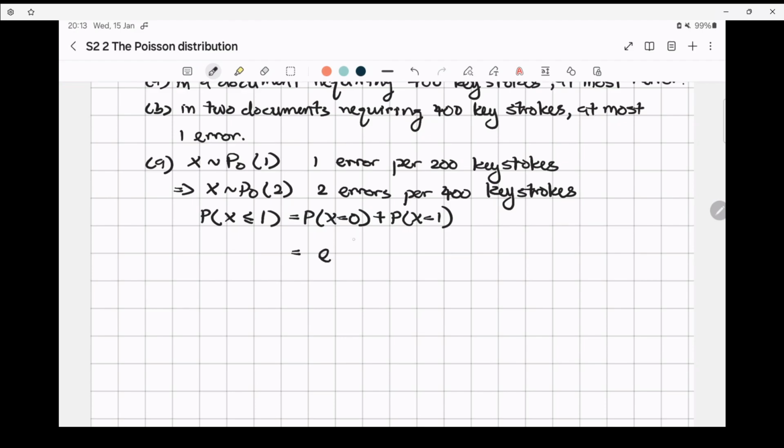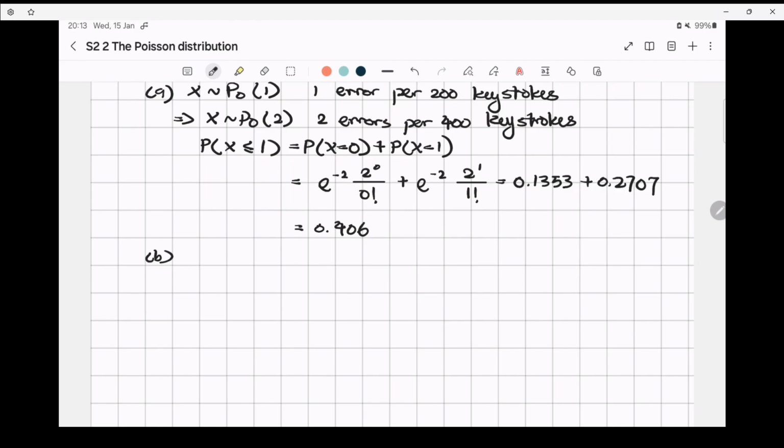It will be e to the power of minus 2, 2 to the power of 0 over 0 factorial, plus e to the power of minus 2, 2 to the power of 1 divided by 1 factorial. So this is 0.1353 plus 0.2707. So this is 0.406.